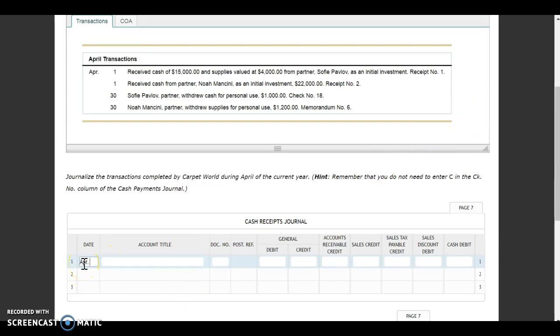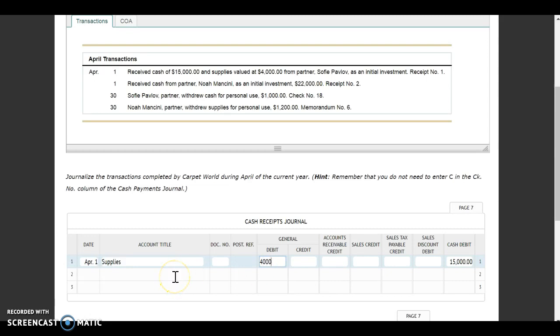So I'm going to start with my April 1st. I am receiving cash, so I want to put my debit in first. I'm receiving $15,000, so debit cash for $15,000. I'm also receiving supplies, so I'm going to put in a debit for supplies of $4,000.